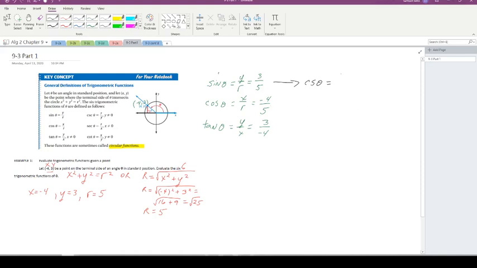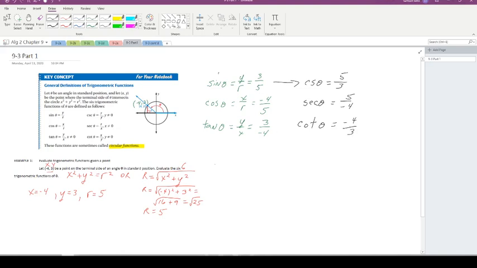So that is just 5 over 3. And then the cosine is secant theta, okay, which is equal to 5 over -4. And then we have the cotangent of theta, which equals -4 over 3.